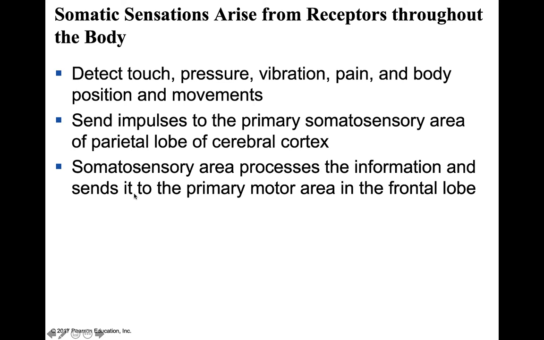And this area is responsible for processing the information and sends it to the motor area within the frontal lobe. So here we see a loop, right? I've got sensation coming in, it moves into the central nervous system, which is the integrator, and then the integration center basically decides on some particular action, and there will be some output based on that sensory information.